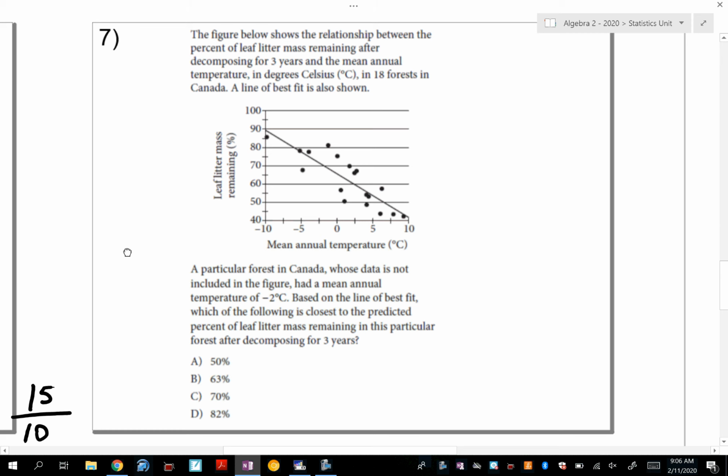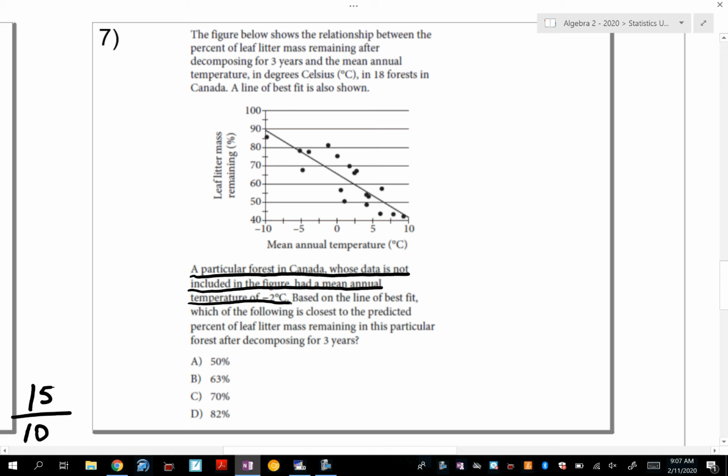Now, if you look at the question, based on the line of best fit, which of the following is closest to the predicted percent of leaf litter mass remaining in this particular forest after decomposing for 3 years? So it looks like we have a particular forest in Canada whose data is not included, and it has a mean annual temperature of -2 degrees Celsius.